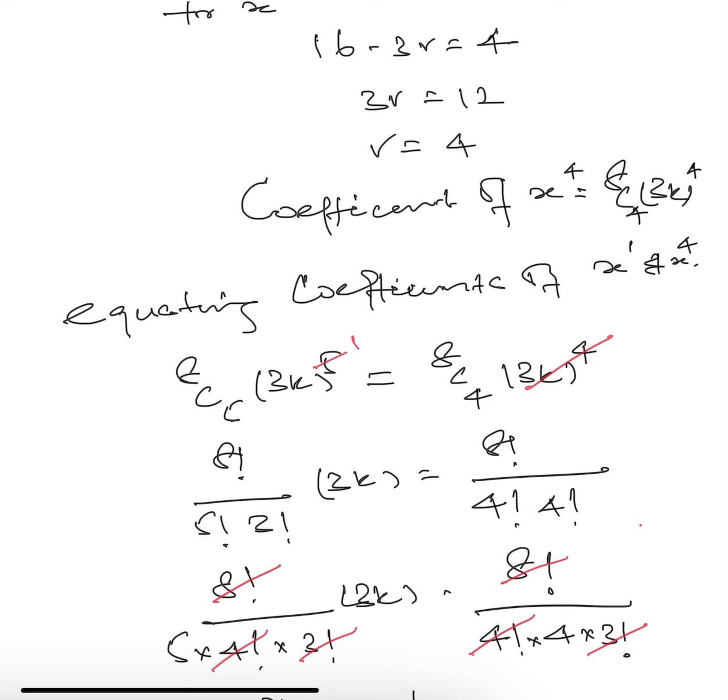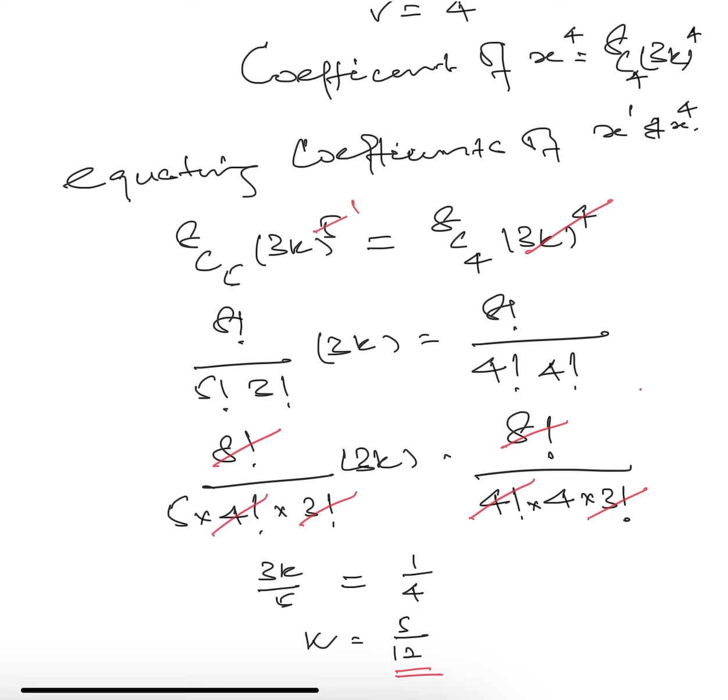Therefore, equating the coefficients of x to the power 1 and 4: 8C5, (3k) to the power 5 equals 8C4, (3k) to the power 4. We can cancel out (3k) to the power 4 on both sides, so 5 minus 4 is 1.